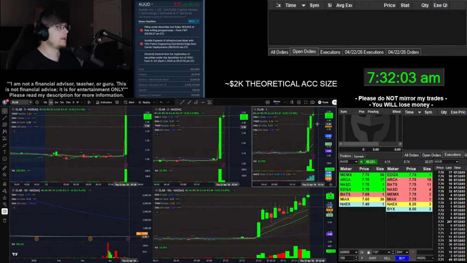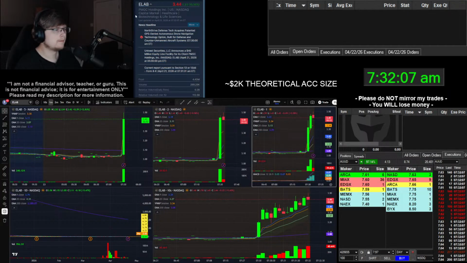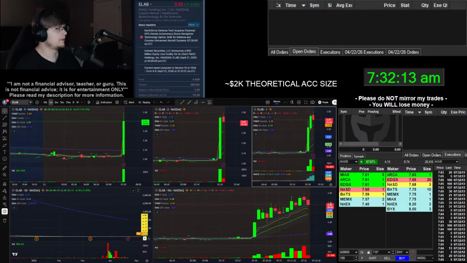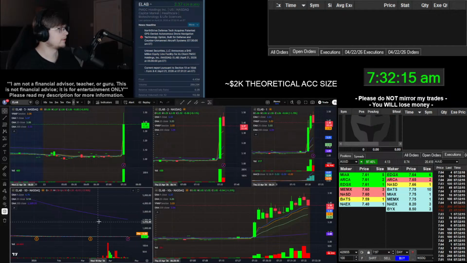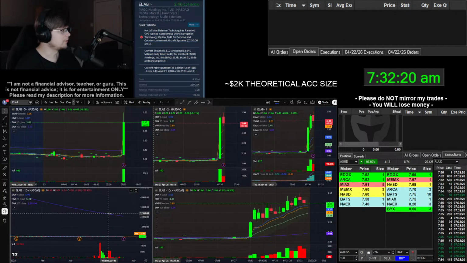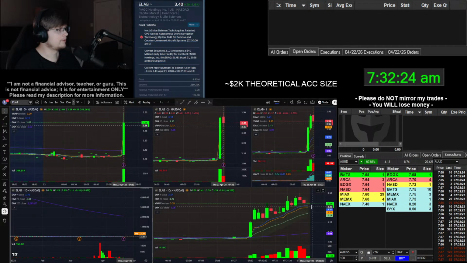ELAB popping up again. This thing comes out with news like all the time. So I don't really trust this. You can see how many daily levels I have here. I'm going to remove them all because I don't really want to trade this garbage stock anymore. It almost never moves smoothly.